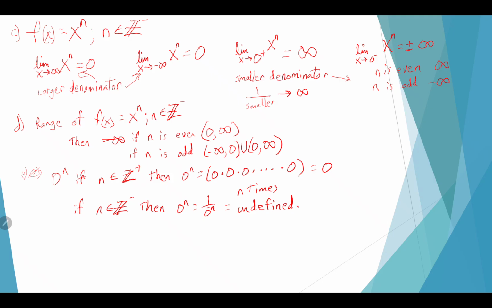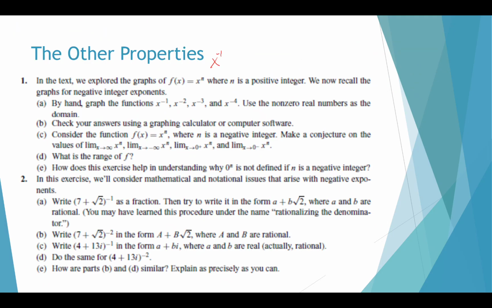Right, so stuff you know, we're just justifying it. What was the next question? We're going to consider mathematical and notational issues that arise from negative exponents.